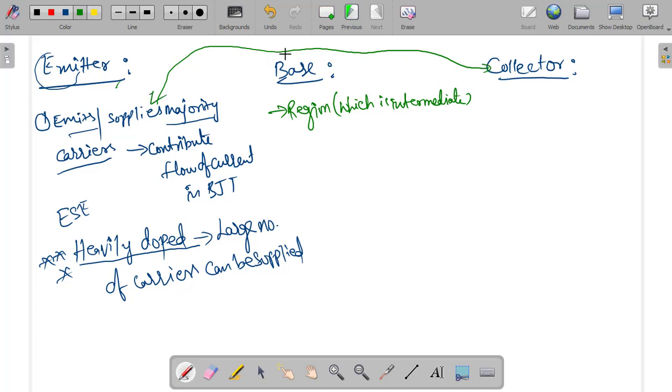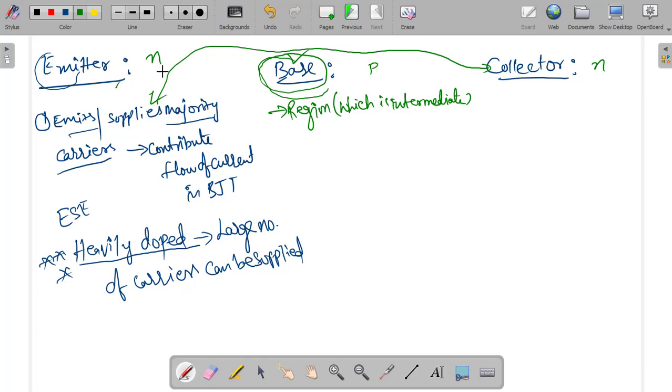There will be some sort of recombination that happens in the base, and here it acts as an intermediate channel. The travel of carriers from emitter to collector happens through the base, so it acts as an intermediate channel. Suppose you take an NPN transistor: emitter is N, base is P, and collector is N. Here the NPN transistor emits majority carriers.